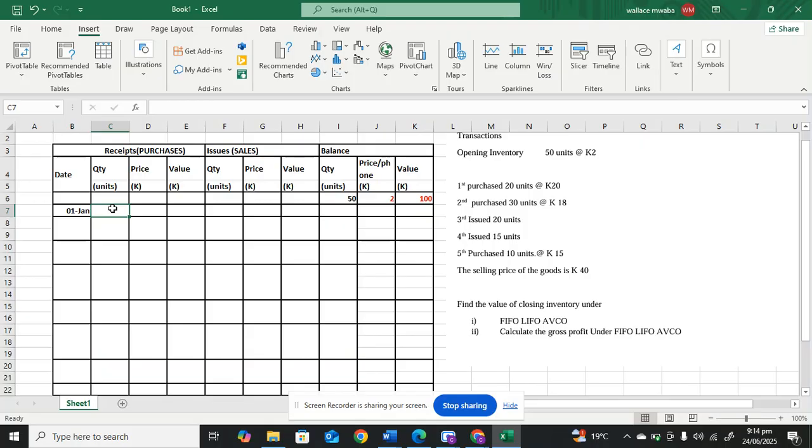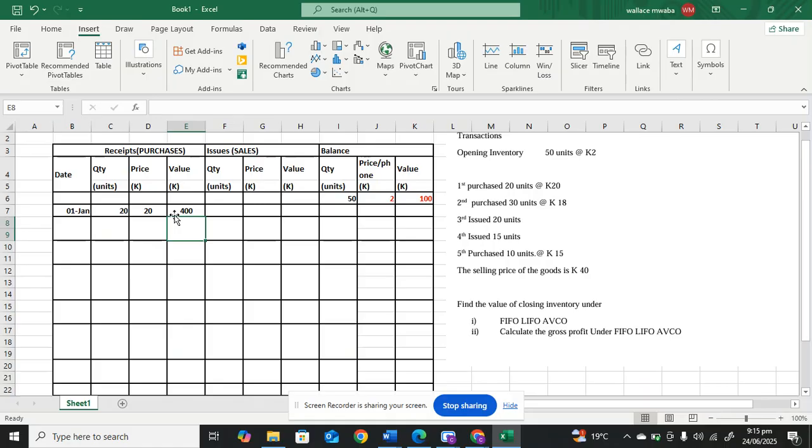We purchased 20 units valued at 20 kwacha per unit. So 20 times 20, the purchases cost was 400 kwacha.